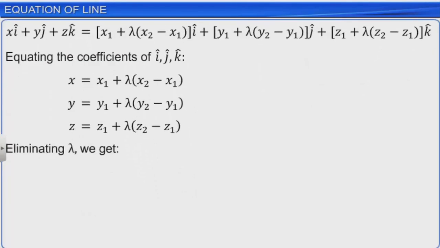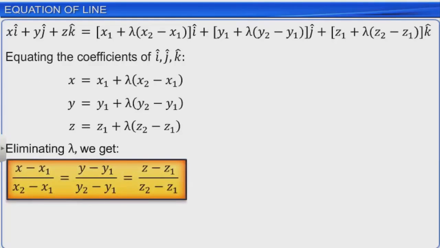Eliminating lambda from the equations for x, y, and z, we get equation 9, which is the Cartesian equation of a line that passes through 2 points with coordinates x1, y1, z1, and x2, y2, z2.